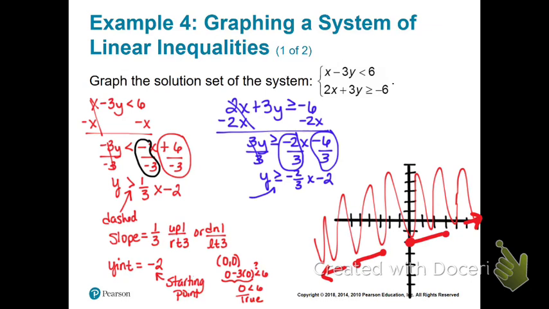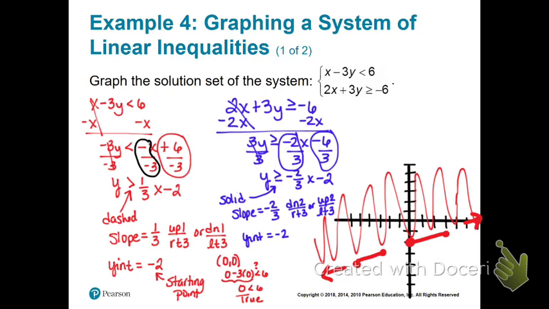And is my line going to be solid or dashed? Solid. Good. And what is my slope? Okay, which means we're going to do what? Down 2 and right 3, or very good, up 2 and left 3. And my y-intercept is negative 2, which remember is your starting point.